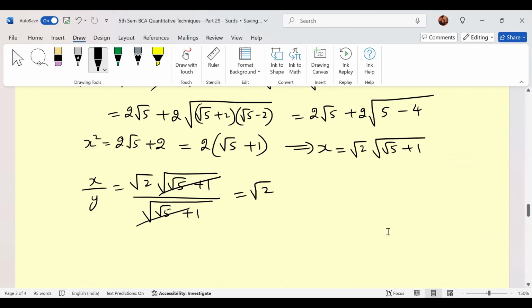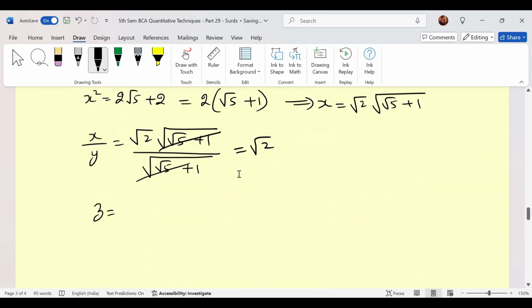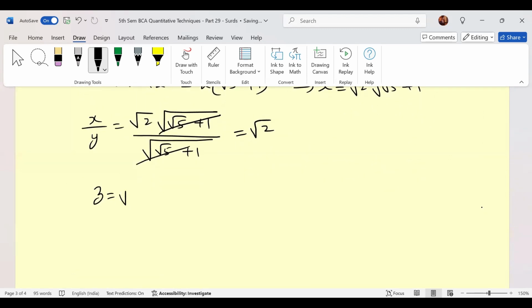Now let us consider your z. What is z? Z is root of 3 minus 2 root 2, which means z square is 3 minus 2 root 2.